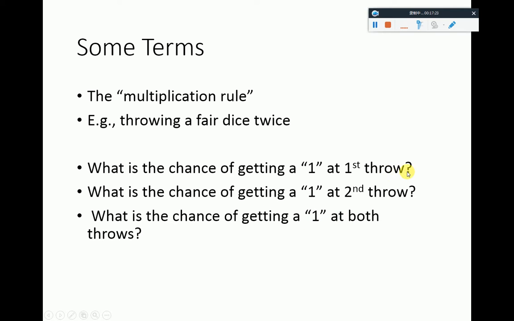That is, you should imagine you throw this dice twice. What's the chance of observing a 1 at a first throw and another 1 at a second throw? Okay, so this is the dice.